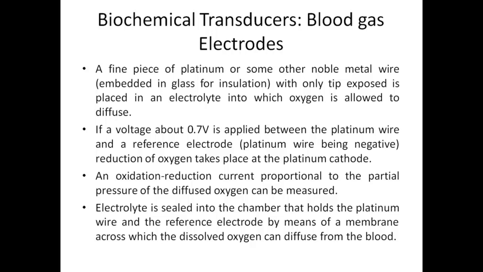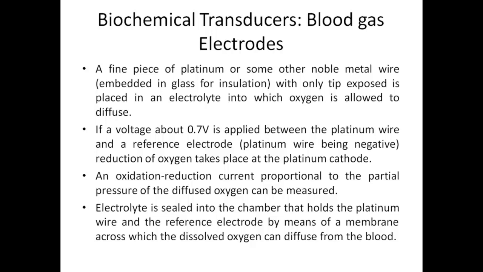Now, a fine piece of platinum or some other noble metal wire is embedded in glass for insulation purposes with only the tip exposed. This kind of electrode is placed in an electrolyte in which oxygen is allowed to diffuse. If a voltage of about 0.7 volt is applied between the platinum wire and the reference electrode, with the platinum wire being negative, reduction of oxygen takes place at the platinum cathode.